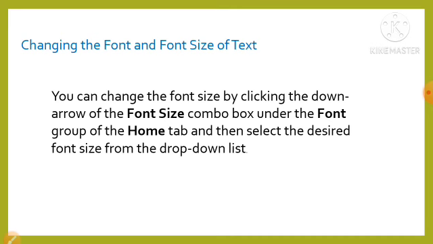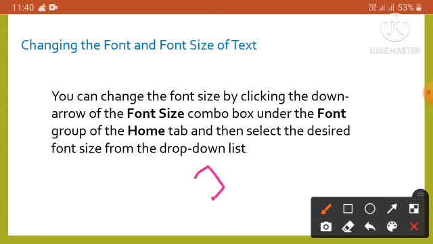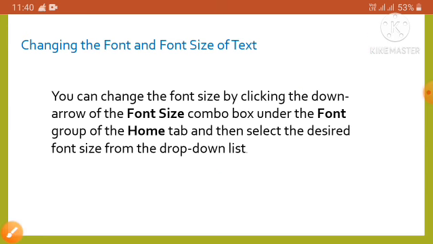We can increase the font size by pressing Ctrl and the right bracket as well as Ctrl and greater than keys in combination, and decrease the font size by pressing Ctrl and the left bracket as well as Ctrl and less than keys in combination. We can increase the font size by clicking the Grow Font button under the Font group of the Home tab, and decrease the font size by clicking the Shrink Font button.